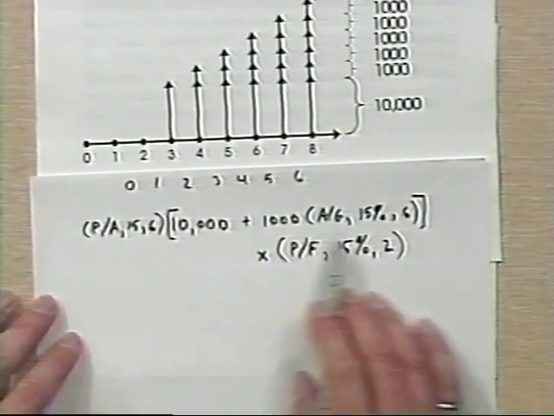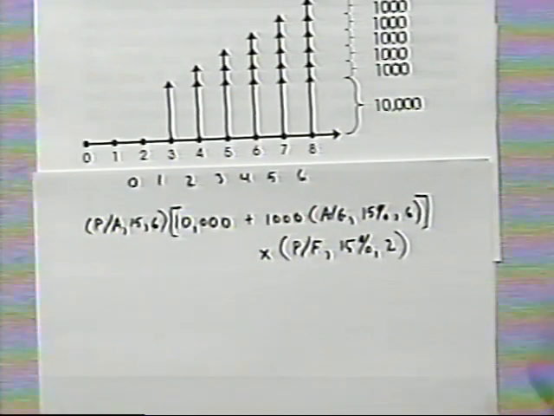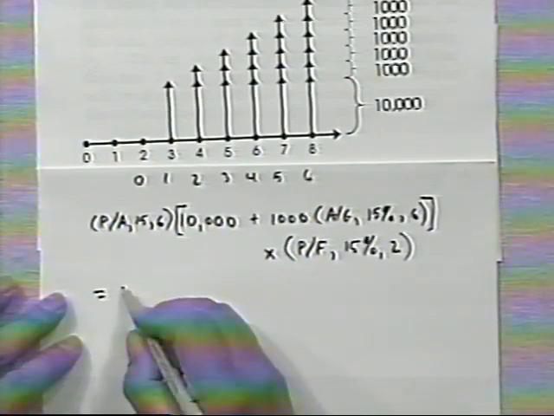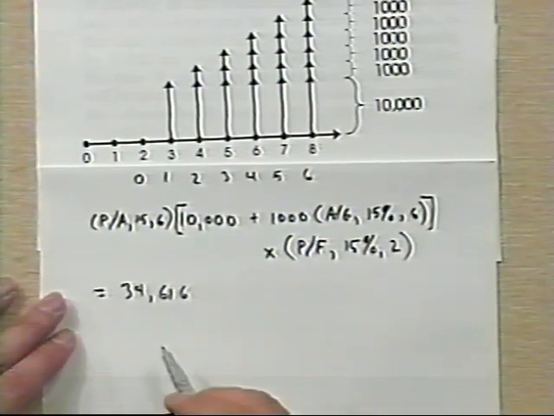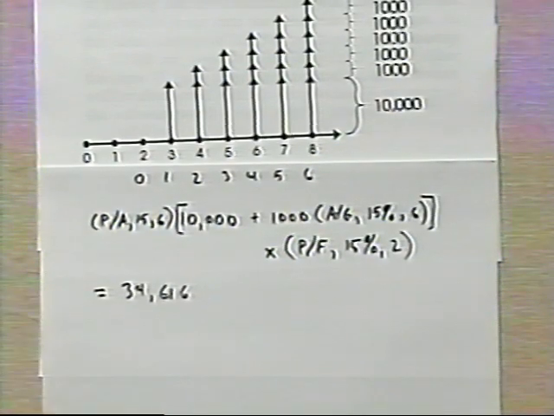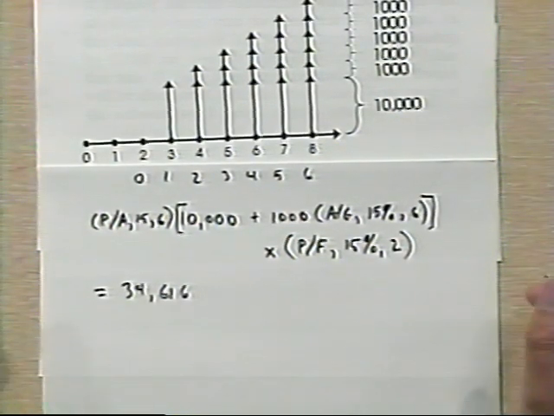That can all be done in one expression like this one. It looks complicated when you look at it just by itself, but when you build it up step by step, as you just did, it makes a lot of sense. If we work through that calculation, looking up the values for these compound interest factors, it works out to be $34,616. The software is worth that much today, and you could use that amount, for example, to determine how much we paid for it.